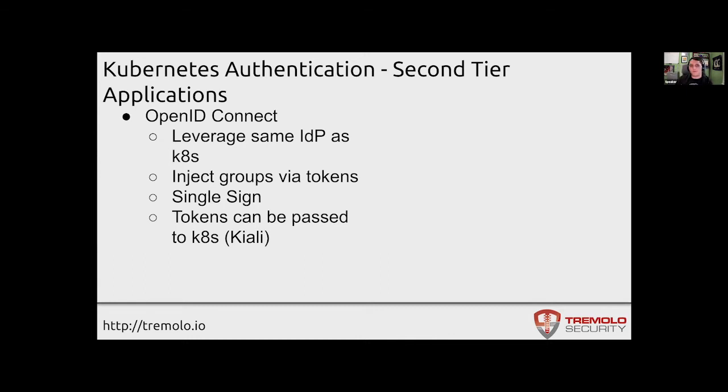Where this can fall apart is especially on cloud managed clusters where you don't have access to OpenID Connect. So for instance, with Kiali, you hand in an OpenID Connect token, you're running on EKS, that token isn't going to work with EKS. So you need another solution for that.